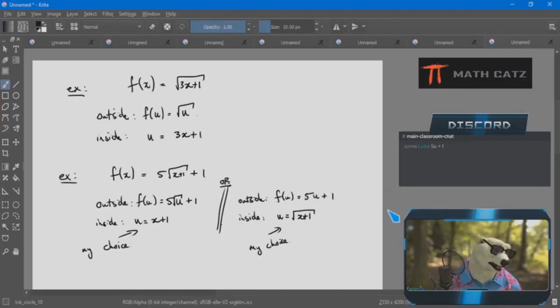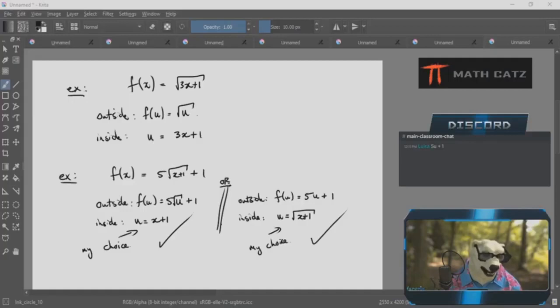Which one's right and which one's wrong? They're all correct. This one's correct. This one's correct. The good news here is that in this kind of question, where I have to deconstruct the given function into an inside function and an outside function, I often have more than one answer.